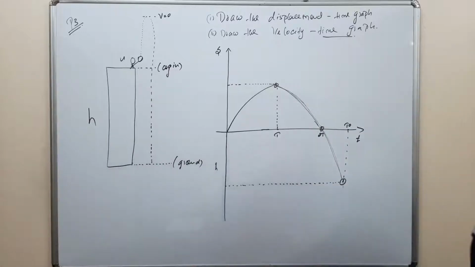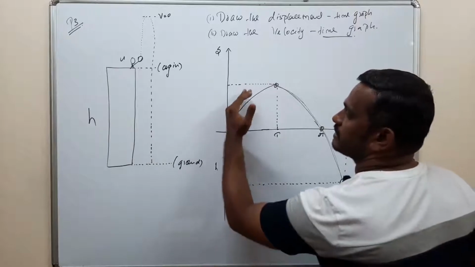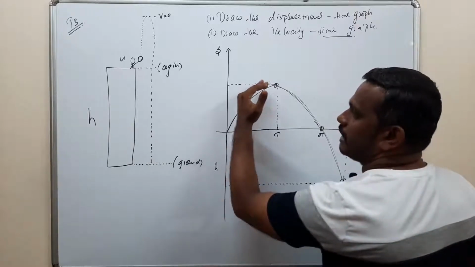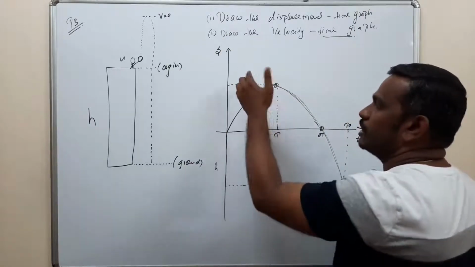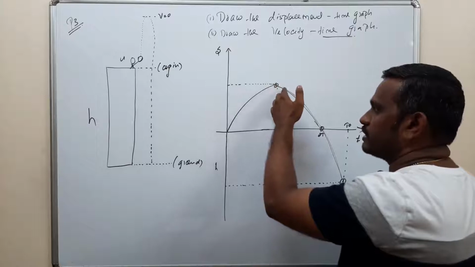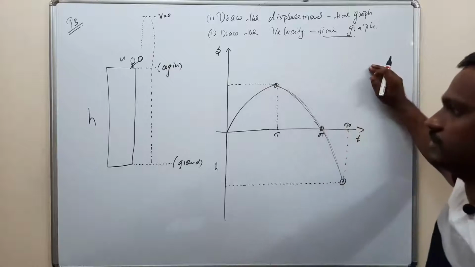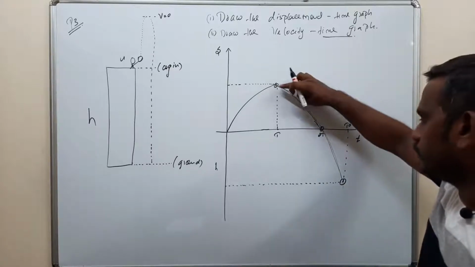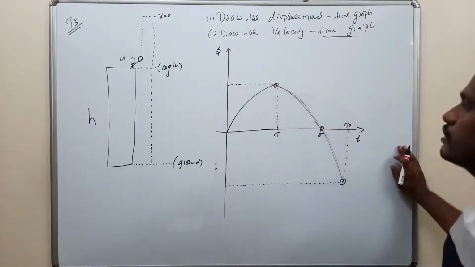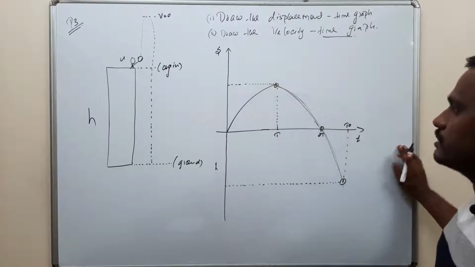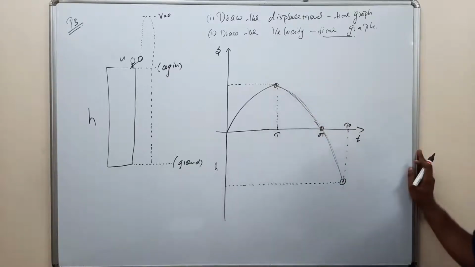When you consider the slope of the curve, the slope decreases, and at this point the slope becomes 0. That means the velocity becomes 0. From this point the slope increases, but in the negative direction, so negative velocity. It's a continuous curve.